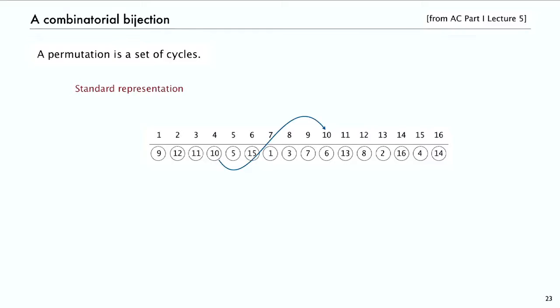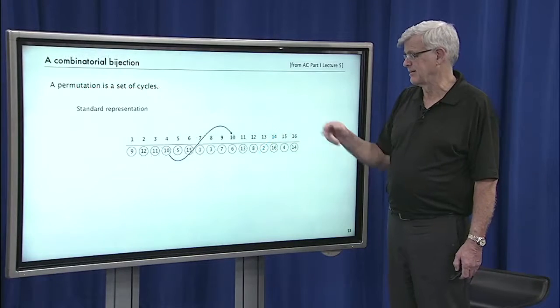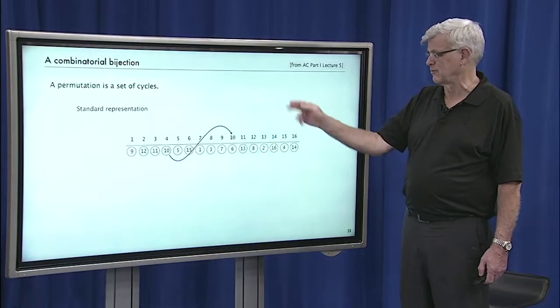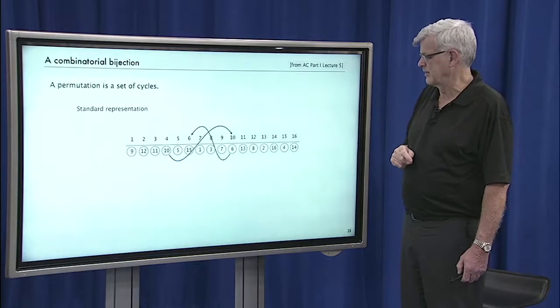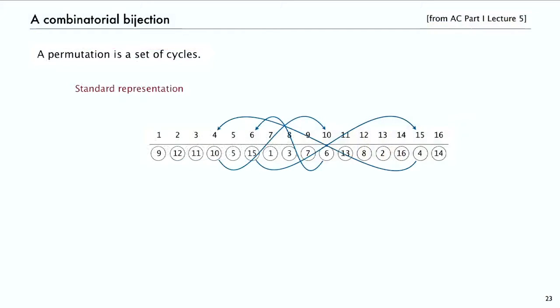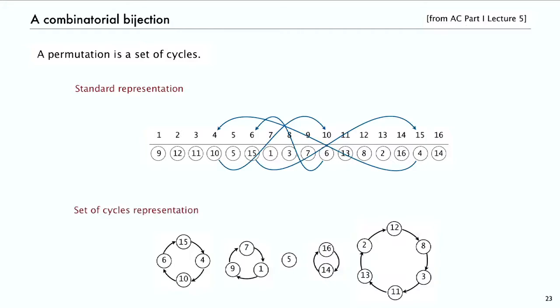So you can write a permutation as, this is a permutation of 16 elements, it's just an ordering of the 16 elements. And if you think of it as a mapping, say the entry 10 in 4th position means I go from 4 to 10, then I look at 10 and that goes to 6, and 6 goes to 15, 15 goes to 4, that's a cycle. And so starting anywhere, you can create a cycle and then give a correspondence between a permutation and a set of cycles.